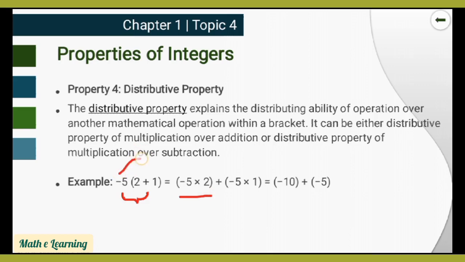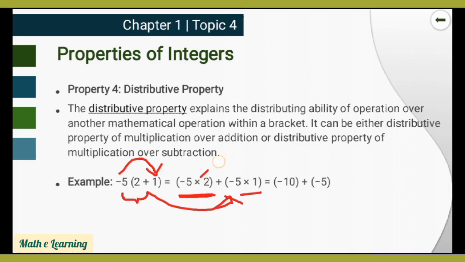Then after we multiply this minus 5 with 1. -5 multiplied by 2, plus sign, and then after we multiply this -5 with 1.